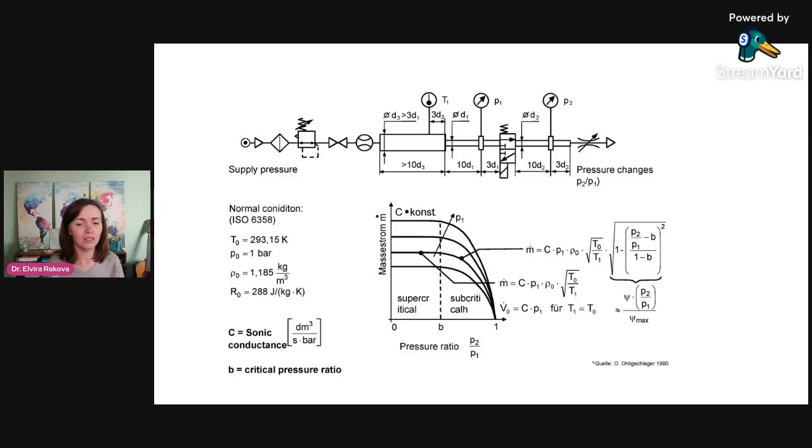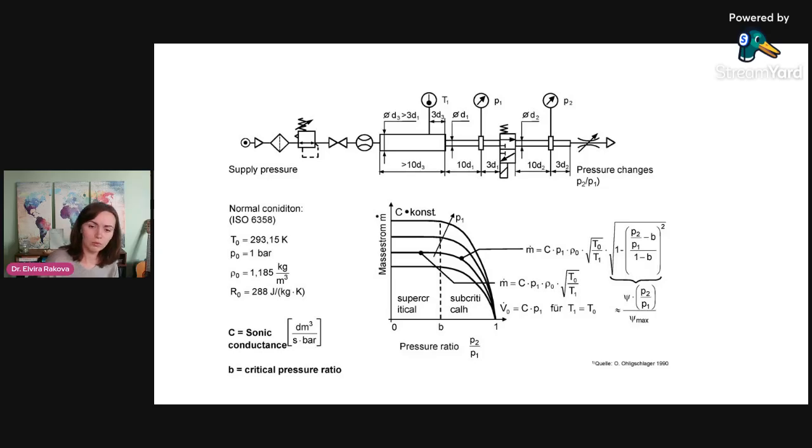And this is basically the C and b. Our sonic conductance doesn't depend on the pressure here. So it is a very wonderful parameter that we can then use to calculate the flow simply by multiplying by the density that depends on the pressure. And this wonderful sonic conductance depends on the velocity of sound.